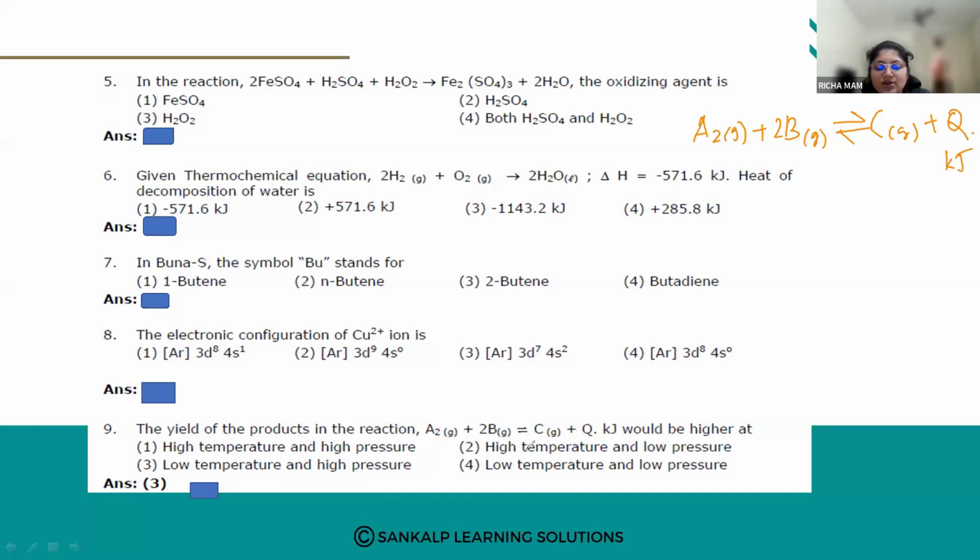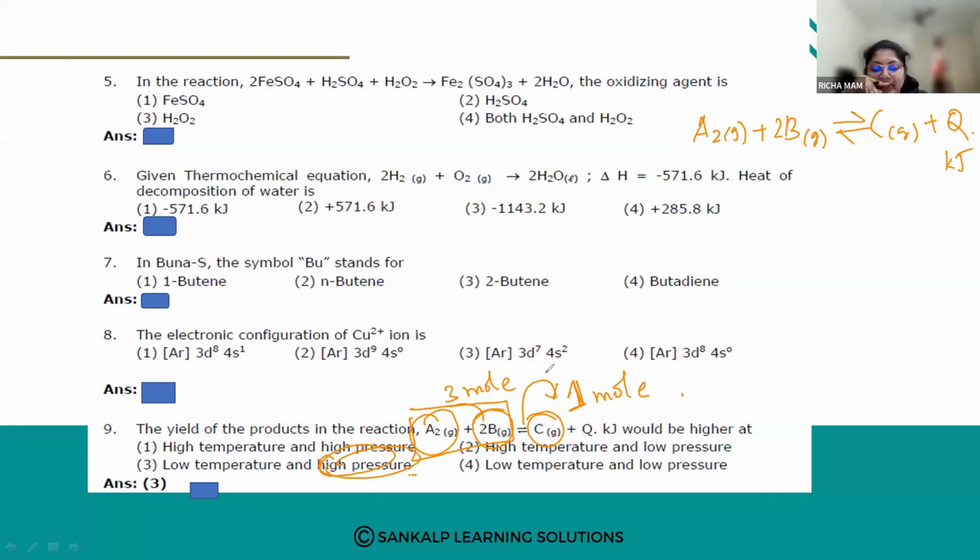In this reaction you can see there are 3 moles of gas on the reactant side: 1 mole of A2, 2 moles of B. On the product side you have only 1 mole of C. So when you apply high pressure, the equilibrium will shift to the product side because the number of moles is less.